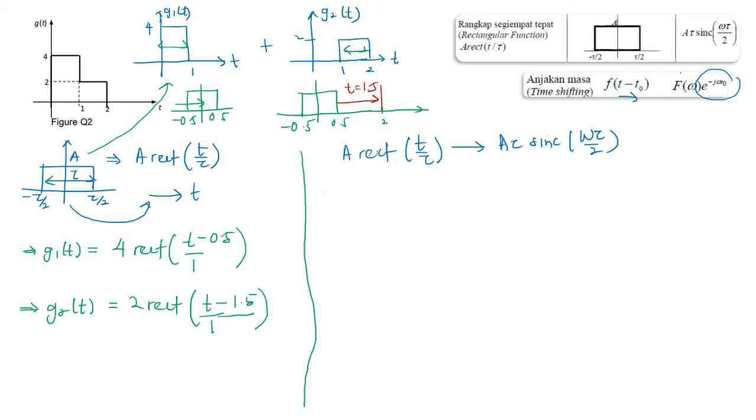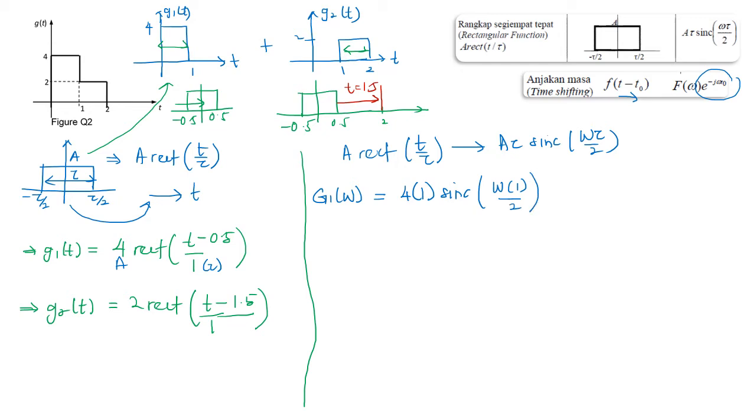So for G1(omega), your A is 4 and the tau is 1, so A tau sinc(omega tau over 2).